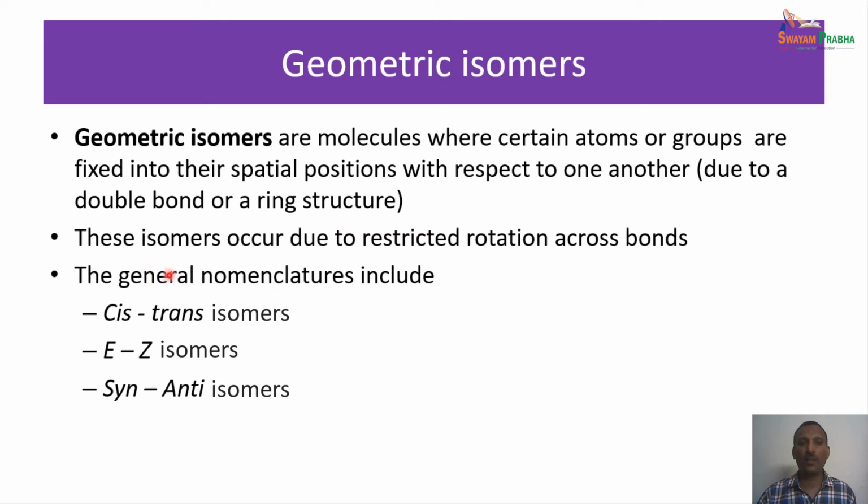The general nomenclature commonly used includes cis-trans isomers, EZ isomers or Syn-Anti notation. These are all the different nomenclatures used to describe geometric isomers.